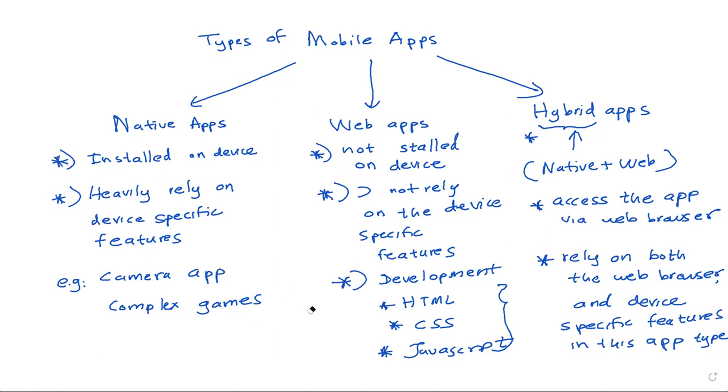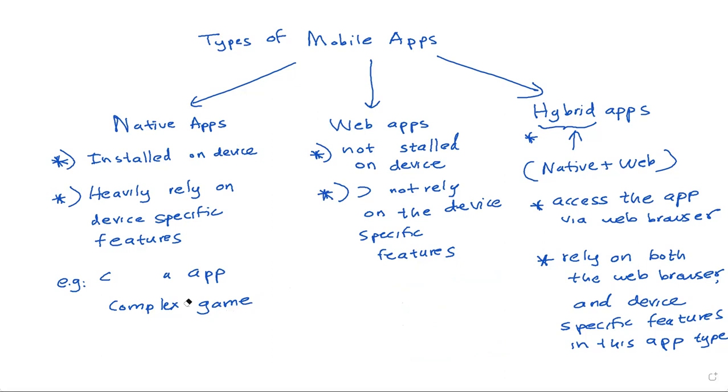When we consider web applications, we can consider applications that directly rely on the usage of the internet. For example, we can access Facebook using the web browser. We can access Netflix using the web browser.